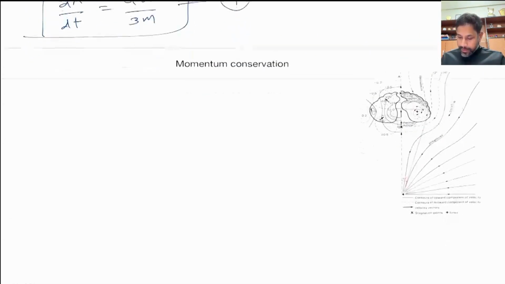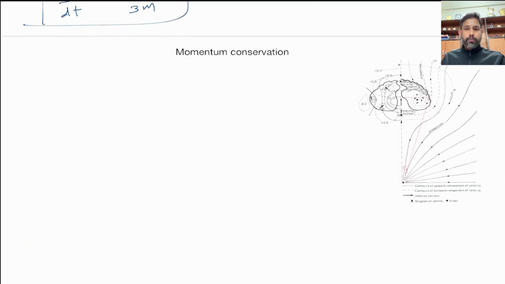Now let's apply a momentum conservation on the plume. Okay, in this case, we have to remember that we are neglecting the viscous force in case of plume. So here we will try to apply momentum conservation using the inertia force and buoyancy force.